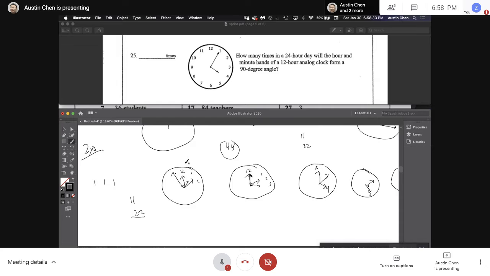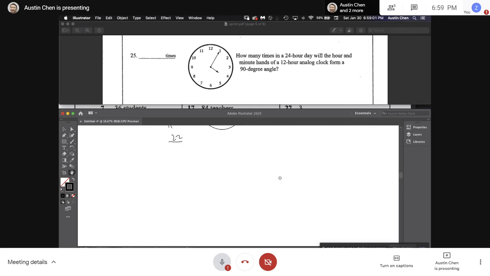When doing this problem, just think about when the hands will cross to form a right angle, and you have to see that the right angle precesses, and the precession will cause the right angle to be missed on an hour. Okay.